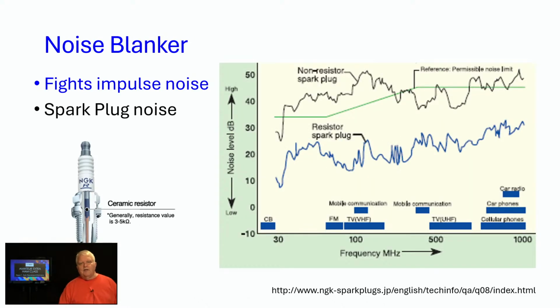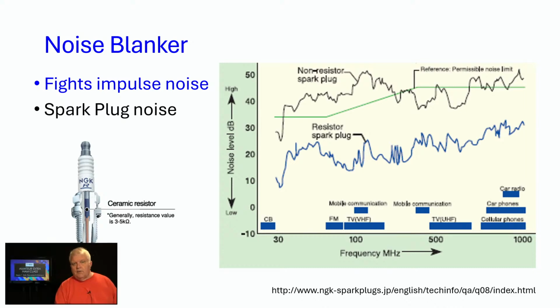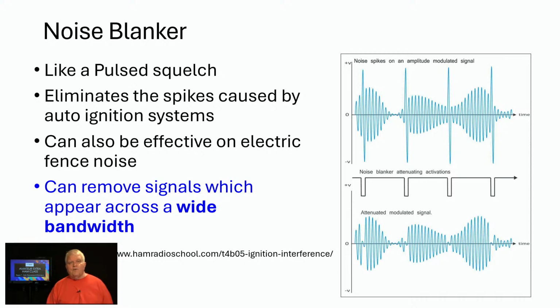All right, a new topic, going in our car now and putzing along, and well, putzing is the right word because the spark system in your car can sometimes do popping noises in your radio, and so there you can have a noise blanker in your radio that fights spark plug noise, impulse noise. There is an issue though with noise blankers on radios.